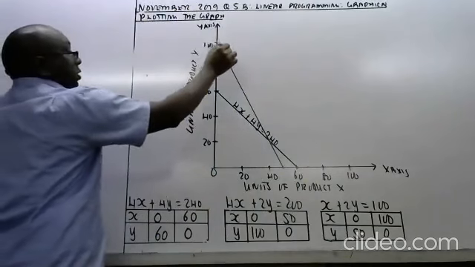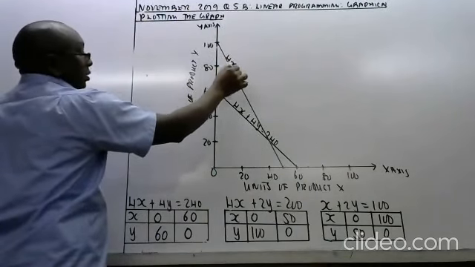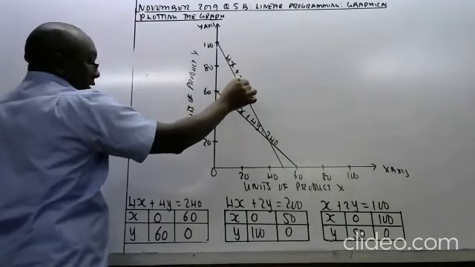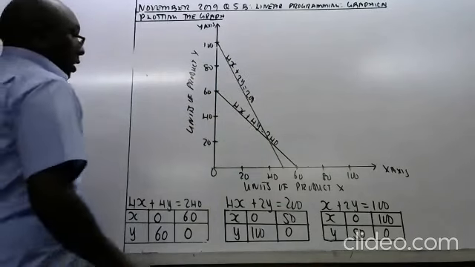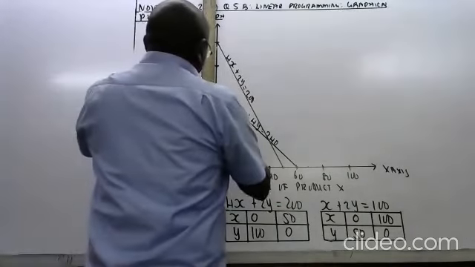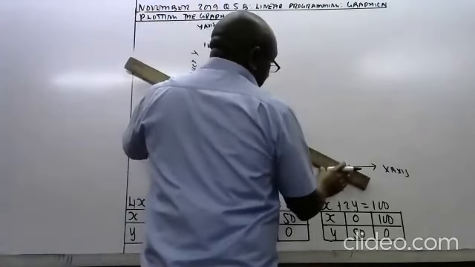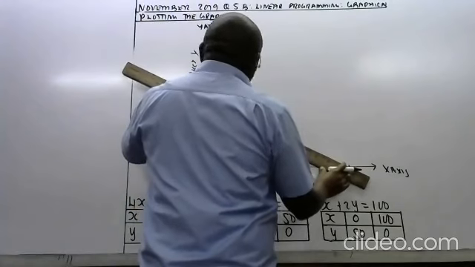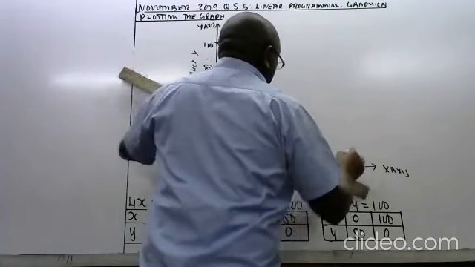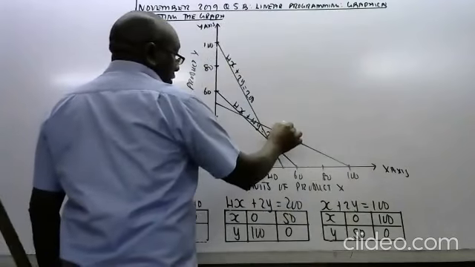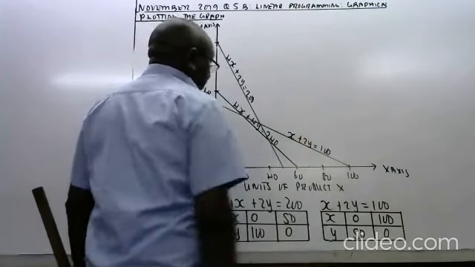So this is the equation of 4x plus 2y is equals to 200. And then 50 here. And this one here. This is the equation of x plus 2y is equals to 100.